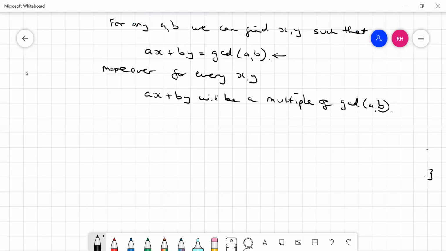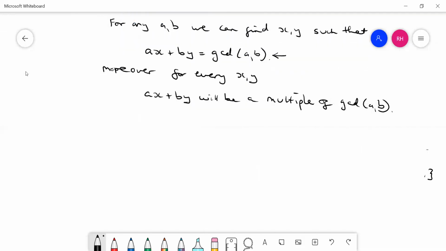If you're interested in looking at this a bit further, I've got a couple of videos. One's called RSA Code Made Easy, and another one is Modular Inverse Made Easy.